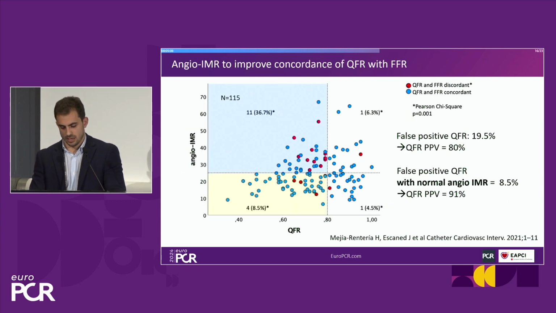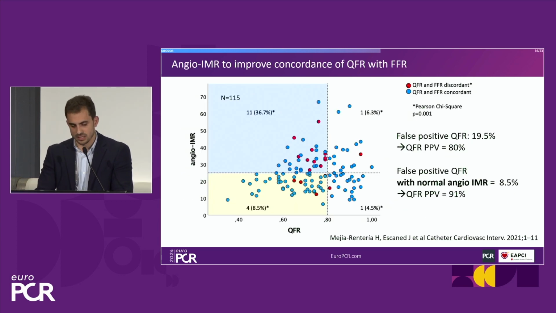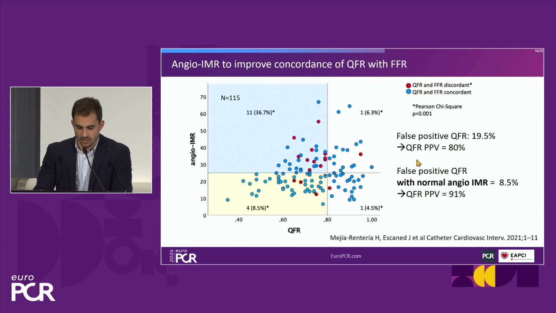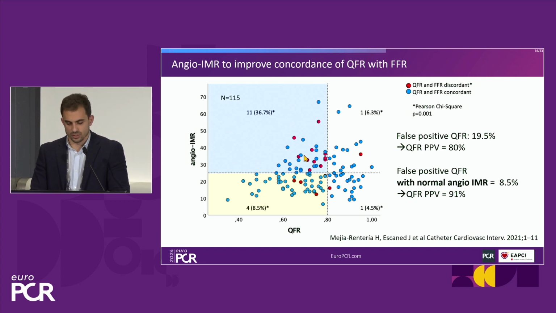So this is a cohort of patients with suspected coronary artery disease, in which we performed FFR and QFR. The red dots correspond to the patients that had discordant values of QFR and FFR, and as you can see, most of these red dots correspond to patients that have positive QFR and also high values of angio-IMR.